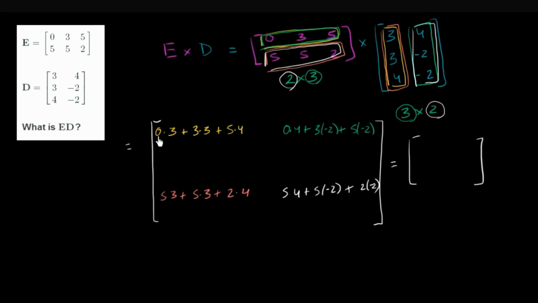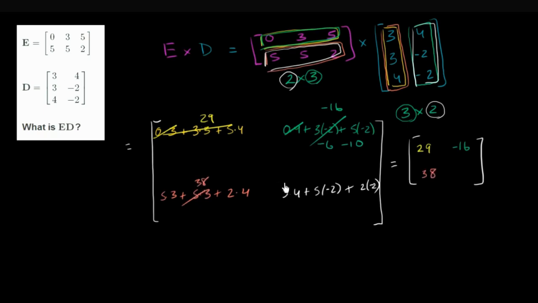Let's see. 0 times 3 is 0. This is 9 plus 20. This is 29. This all simplified to 29. All of this is 0. This is negative 6. And then this is minus 10. So this all simplifies to negative 16. This right over here, it's 15 plus 15, which is 30, plus 8. So this is 38.